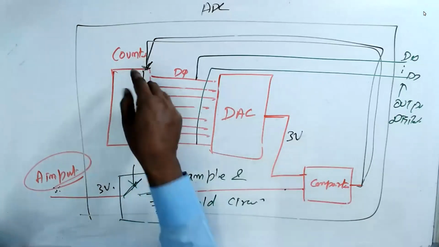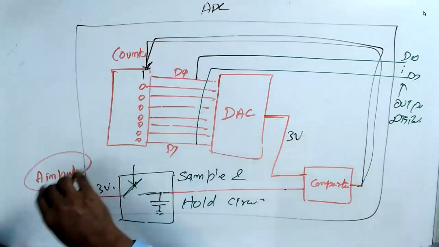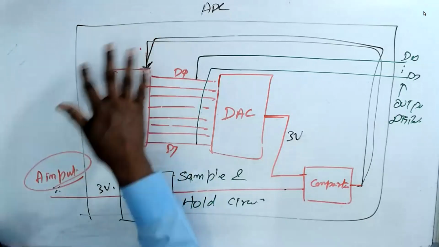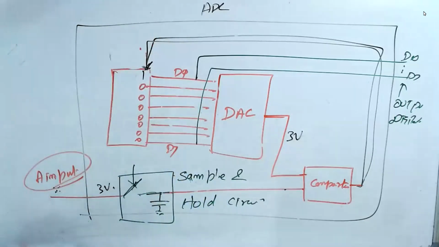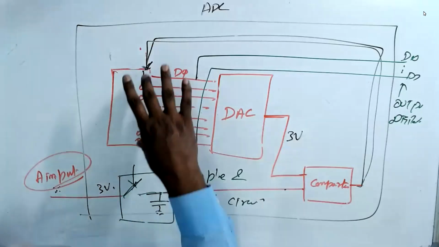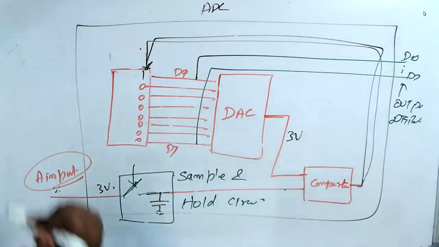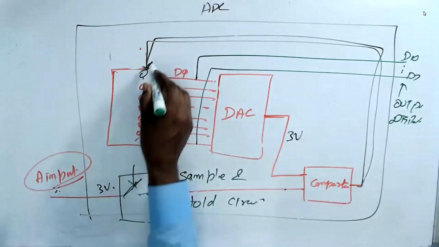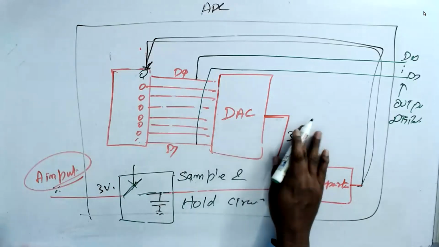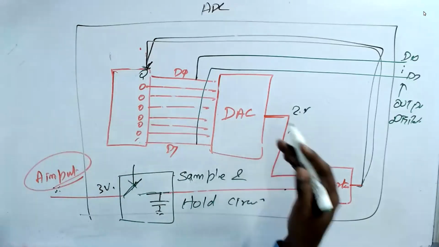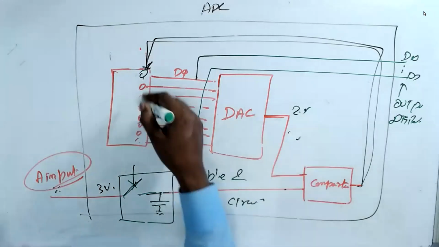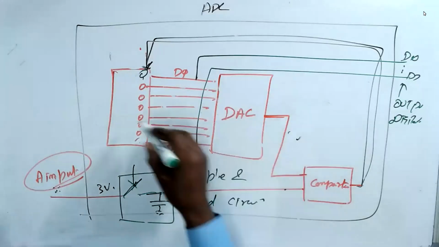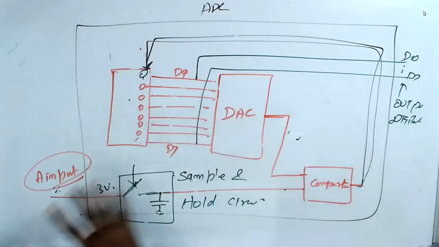Nowadays, they have some other mechanism instead of a counter. It's called successive approximation, a binary search. They take half of the voltage, say 2.5 volts, and compare whether the input is less or more. There are so many methods. Don't worry about that, I'm just giving you the idea only.